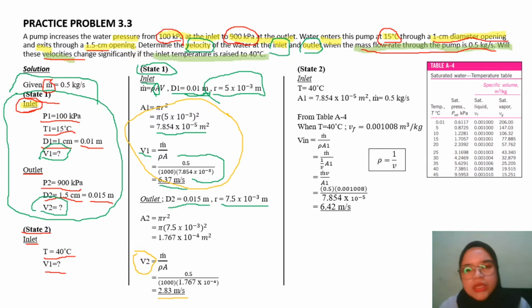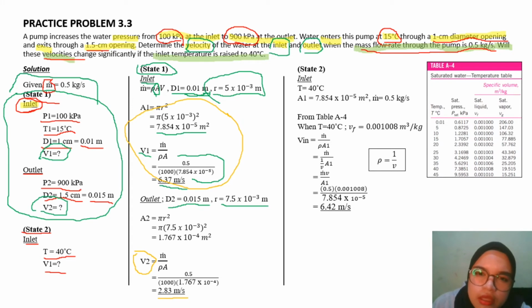So for the last question, I mean statement 2: will this velocity change significantly if the inlet temperature is raised to 40 degrees Celsius? So for statement 2, the inlet temperature is 40 degrees Celsius, and we're going to use the same formula as we found the velocity in state 1, just a bit different.